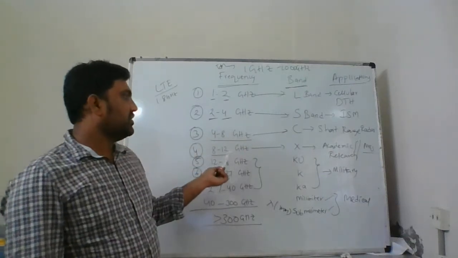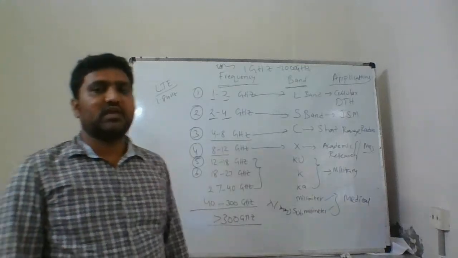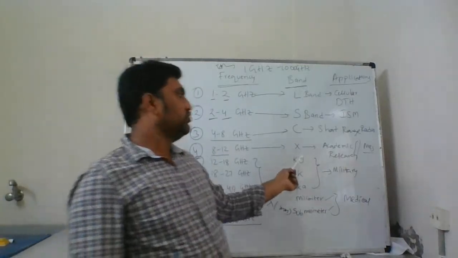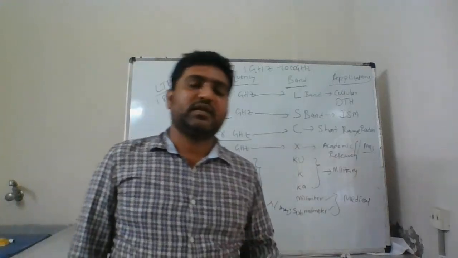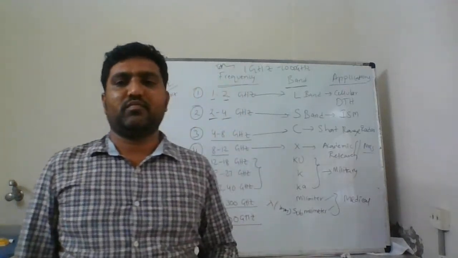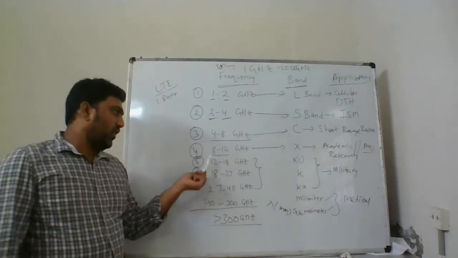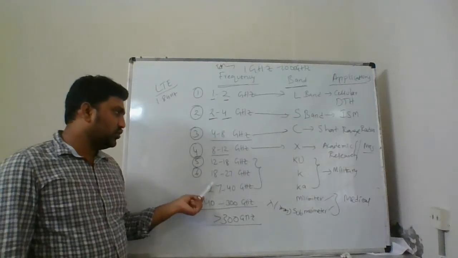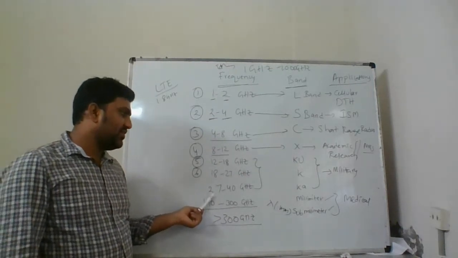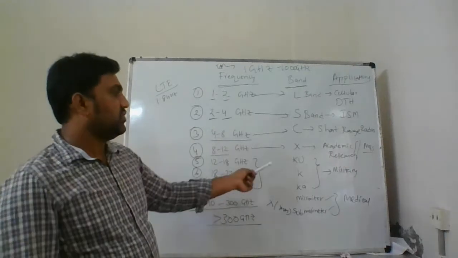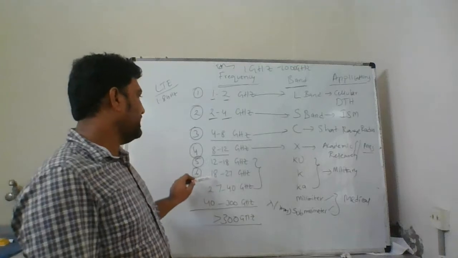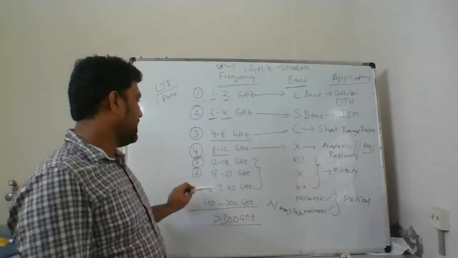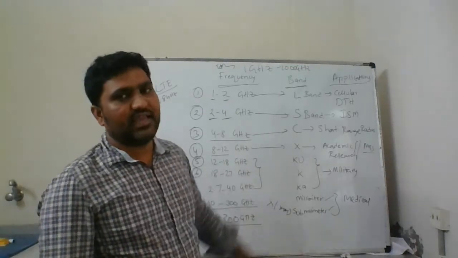Next, 8 to 12 gigahertz, which is the X band. This is particularly useful in academic and research purposes, and also in the satellite guidance systems that are used in military. Next, 12 to 18, 18 to 27, and 27 to 40 gigahertz are called Ku, K, and Ka respectively.